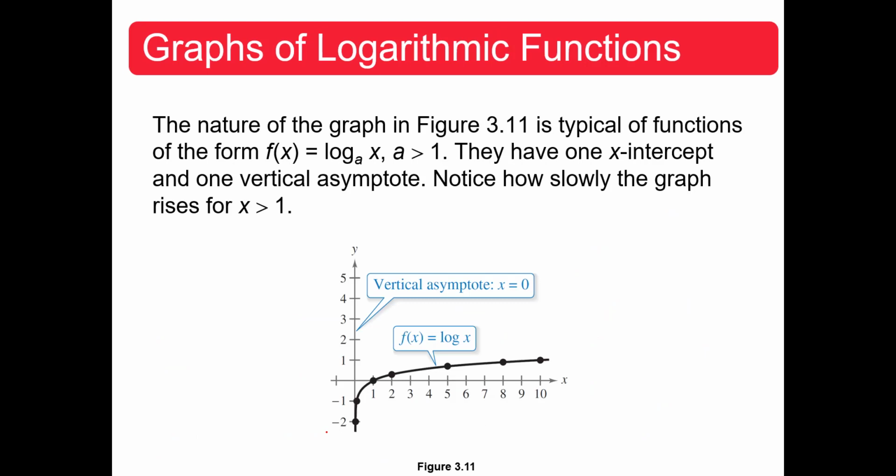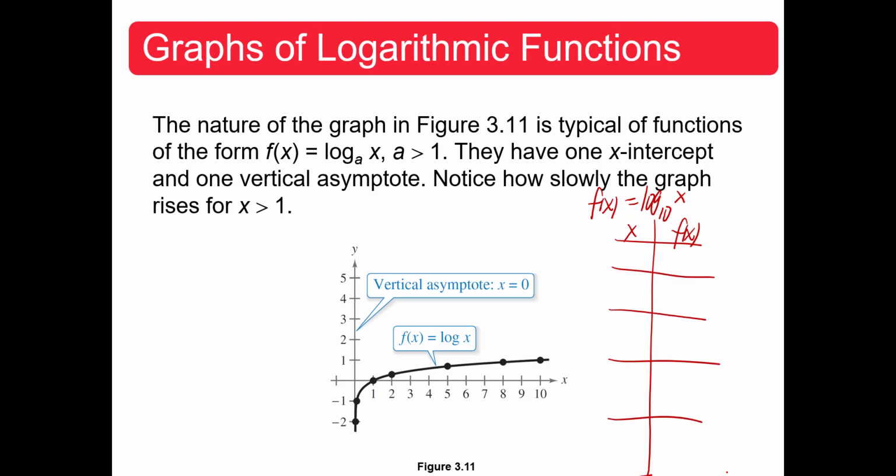If you look at log with base 10, f of x equals log base 10 of x, we can easily sketch the graph as well. We can come up with five ordered pairs. The first one is when x equals 10 to the negative second, which is 1 over 100.